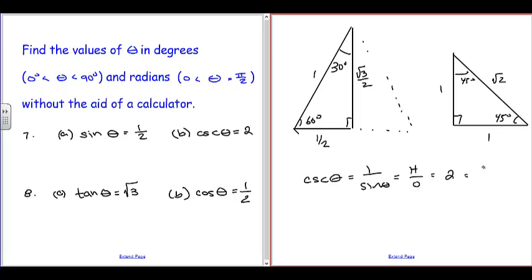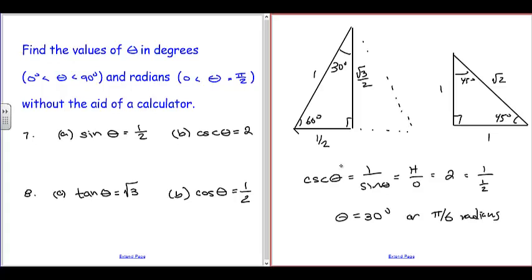So to get 2, we'd have 1 over 1/2, and so the answer is the same as the previous part. So it's theta equals 30 degrees, because this side of 1/2 is opposite. This is the opposite part in the definition, the 30 degrees part. So again, it's 30 degrees or pi over 6 radians.